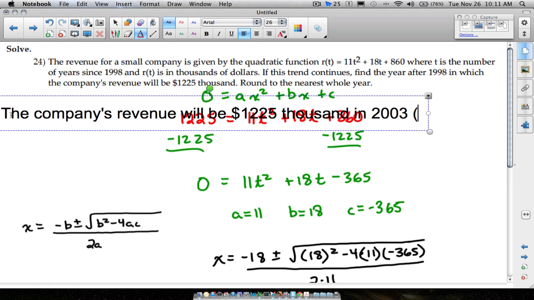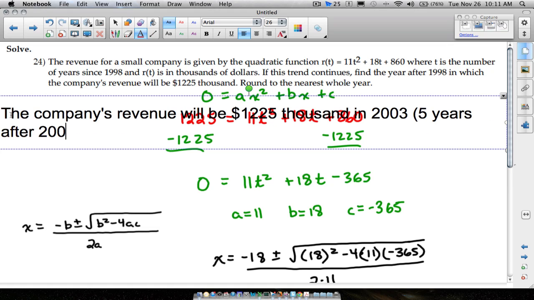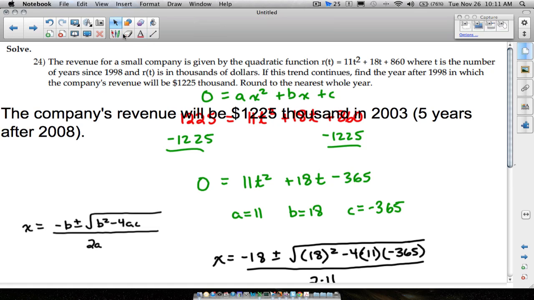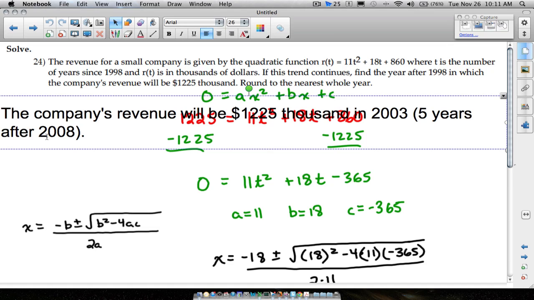Now remember our answer, that is 5 years after 2008. Now you don't have to include that stuff in parentheses in your answer, but since we got an answer of 5, 2003 will be 5 years, not after 2008, it should be after 1998.